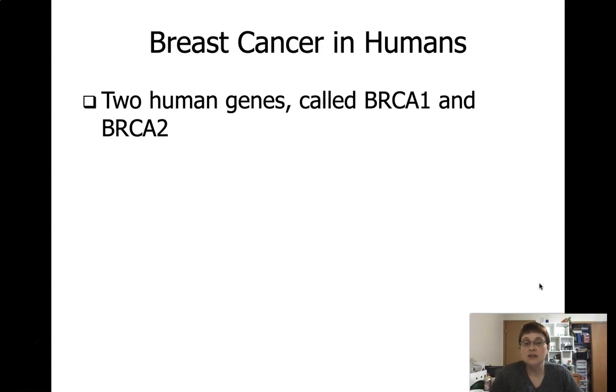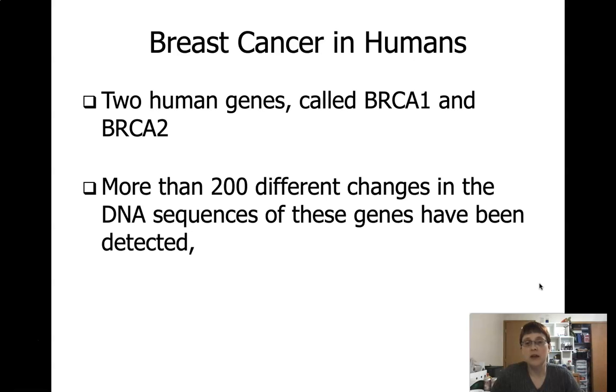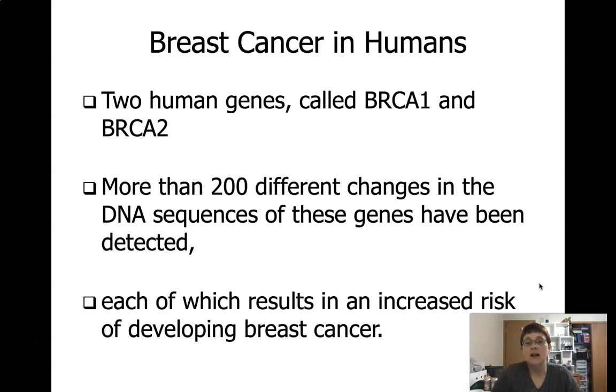And these 2 genes are interesting because when they started looking at these genes in women and men who had breast cancer, what they found is that it wasn't a single mutation that led to an increase in breast cancer. It actually was more than 200 different changes in those DNA sequences that have been detected, each of which results in an increased risk of developing breast cancer.